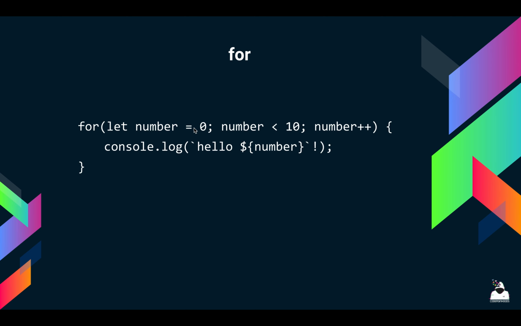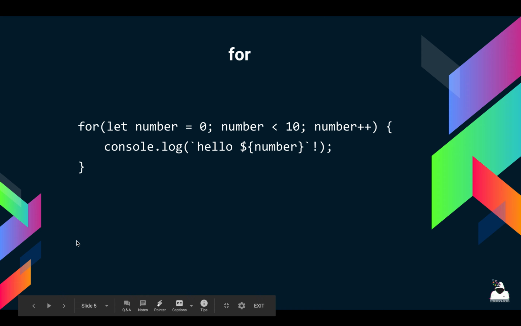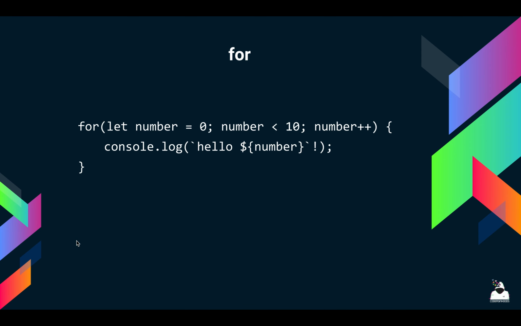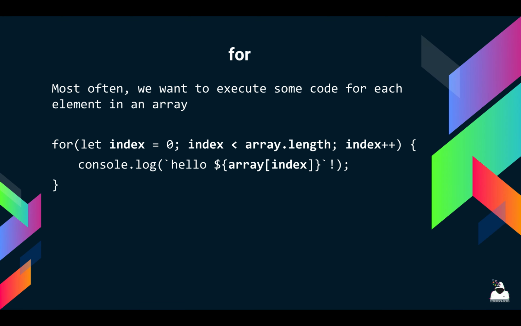Therefore, we're going to start at 0. Every time we run, we're going to increase it by 1 until we get to number being equal or greater than 10, in which case we stop running and we can continue with the code that's underneath the for loop. That's the anatomy of a for loop.